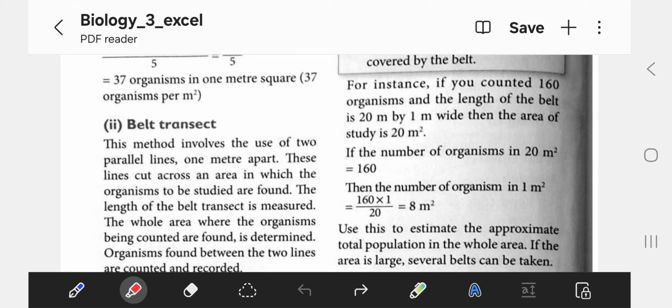Out of 8 beetles, 4 had marks. That means the total number of the second capture is 8. The second capture mark is 4. So you will multiply and divide by 4. That will be very simple. You do the mathematics.